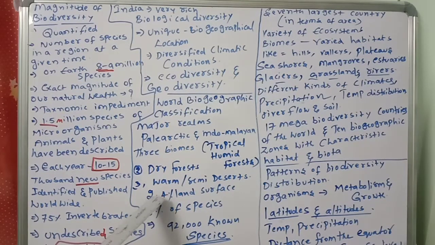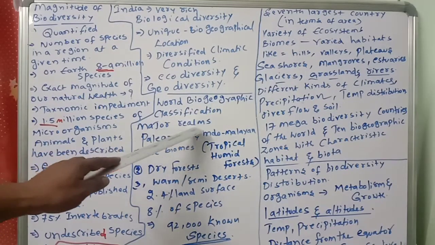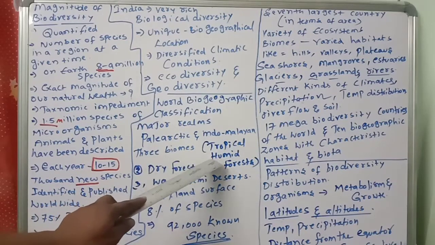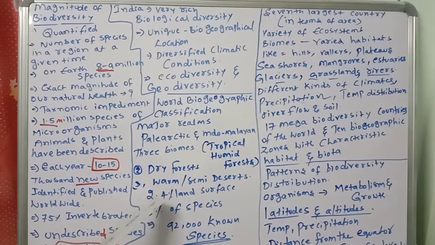And what are the major things in India? Major realms: Palearctic, Indo-Malayan, and 3 biomes: tropical humid forests, warm dry forests, and warm semi-deserts. India occupies only 2.4% of the land surface worldwide, and in that, 8% of species are there in India itself.